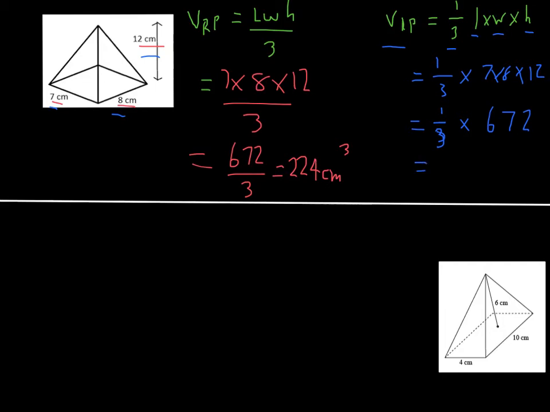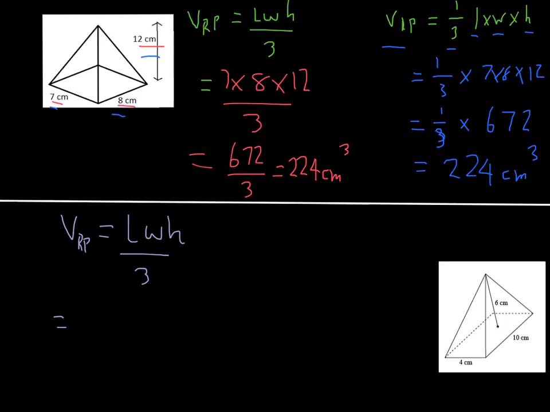And a third of 672 is 224 centimeters cubed. Either one you prefer to use, or whatever you find easiest, go with. I prefer to use length times width times height divided by 3.